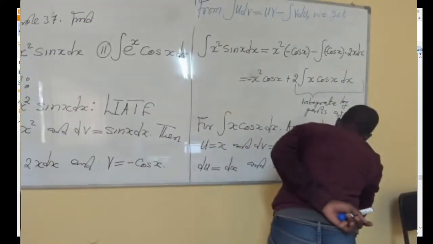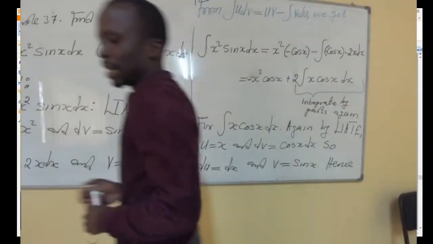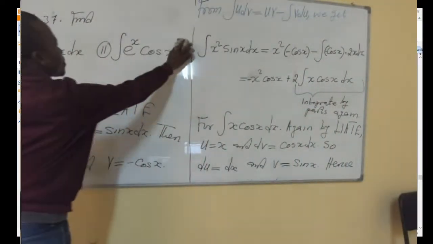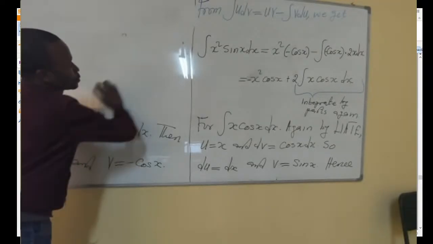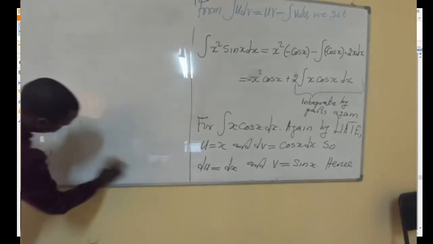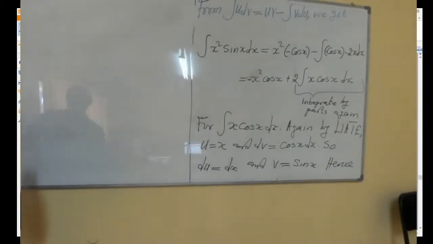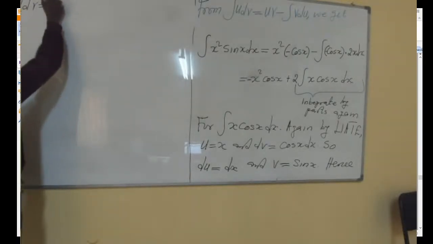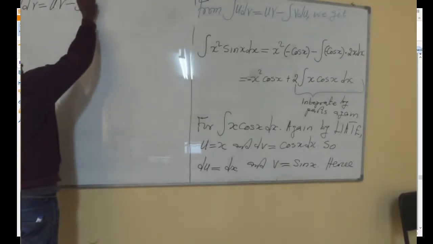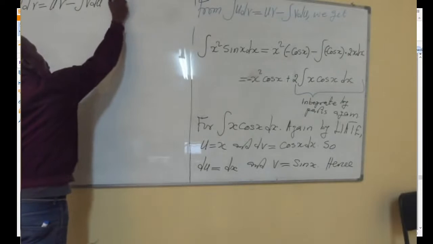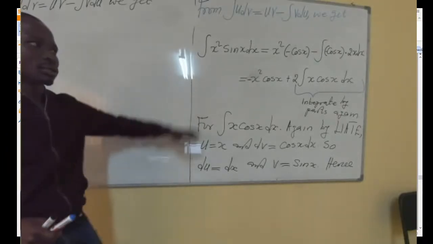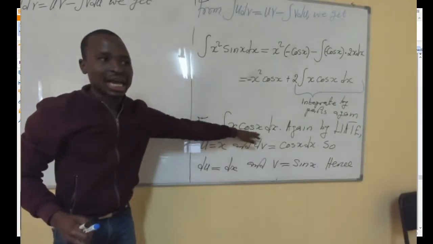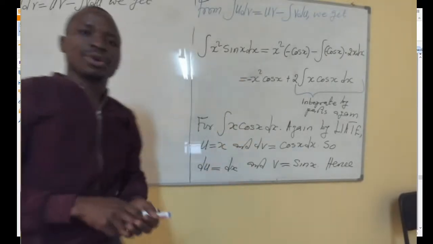Hence, if you apply integration by parts, by this formula, which is the integration by parts formula, uv minus the integral of v du, we are going to get, now, the part that we are integrating by parts is not the old part, it's this new integral that has resulted from what we are doing.